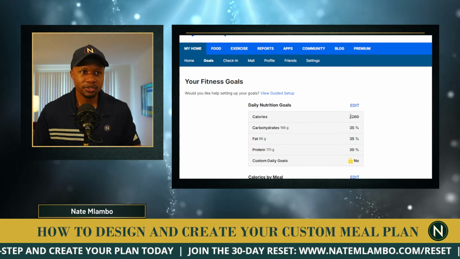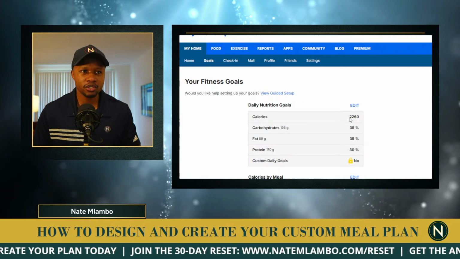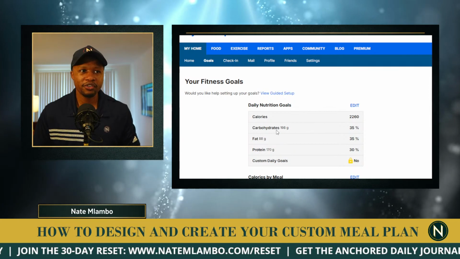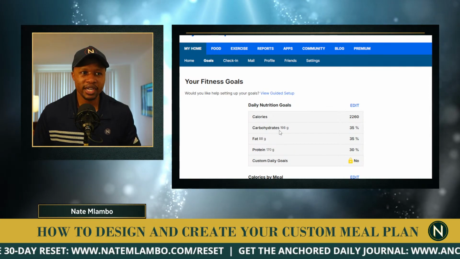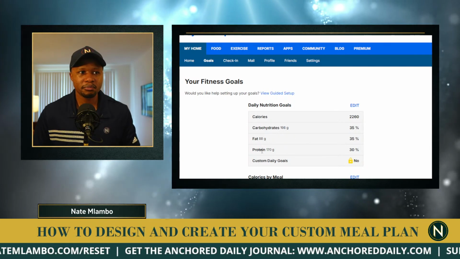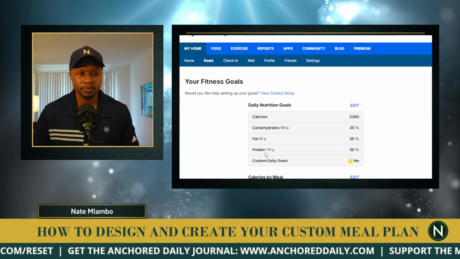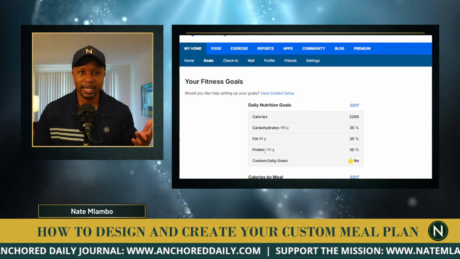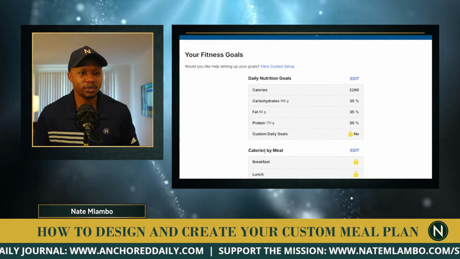So the total calories will be 2,260, right? And the carbohydrates will be 198 grams, fats 88 grams, protein 170 grams. So we're going to call this plan Emily's plan, and this is going to be Emily's plan.